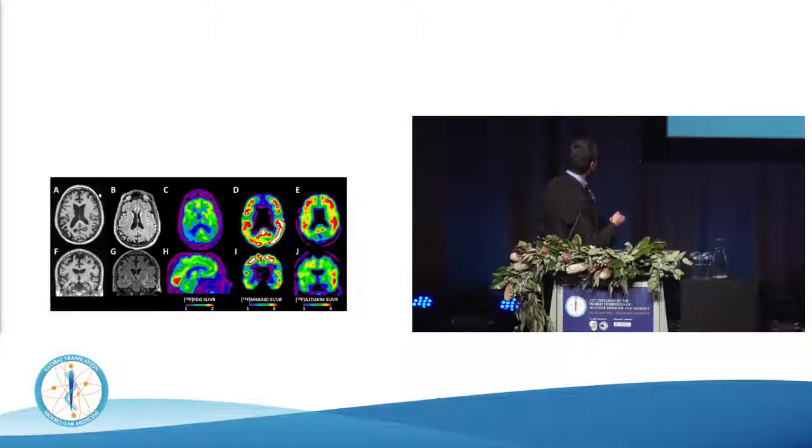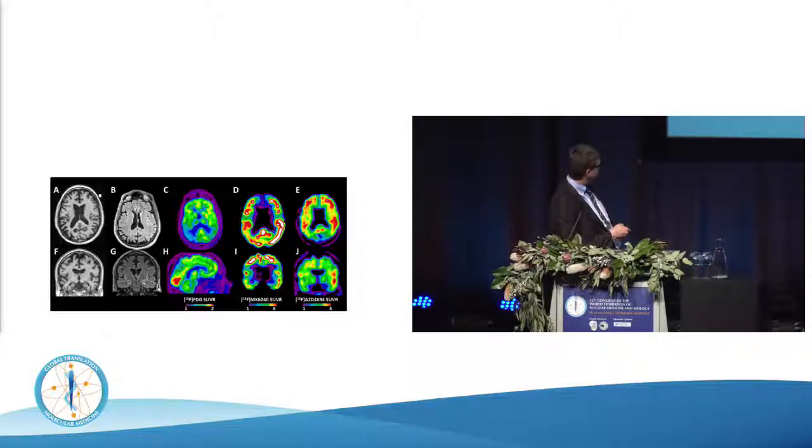So this is the imaging of this individual. This is an MRI showing a kind of diffuse atrophy. When you scan him again, he had atrophy of the hippocampus. This is a FLAIR sequence showing that there is very little or no effect of cerebrovascular disease.